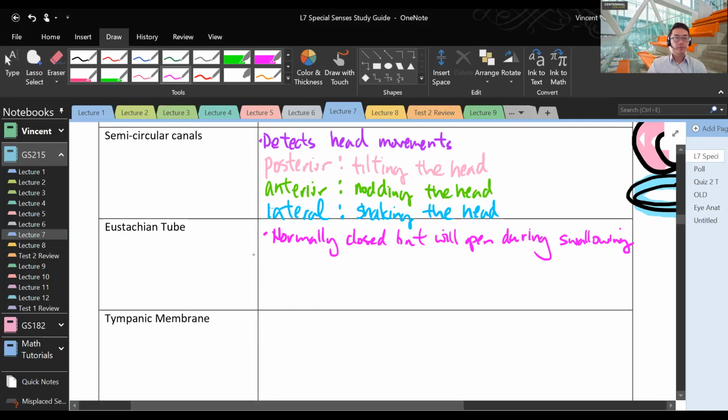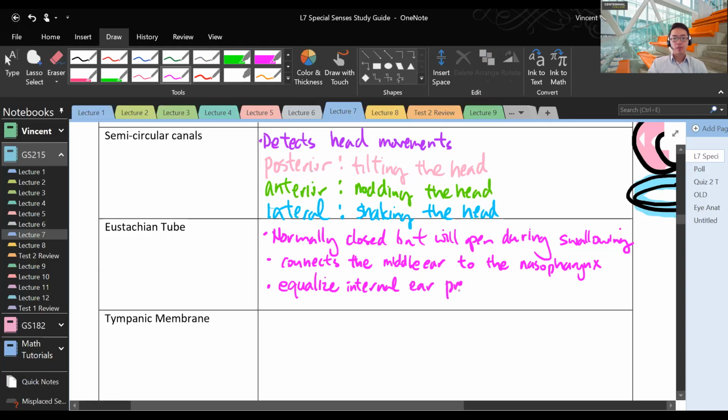It connects the middle ear to the nasopharynx. When it opens, it helps equalize internal ear pressure with the environment.